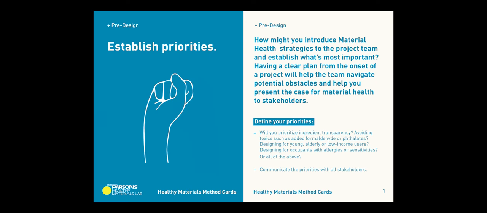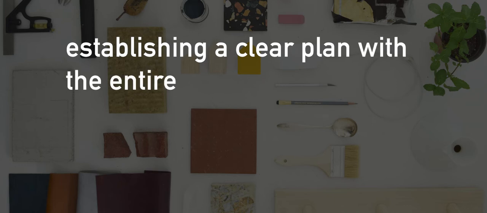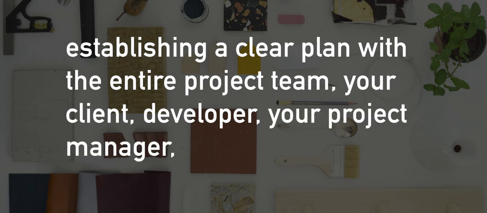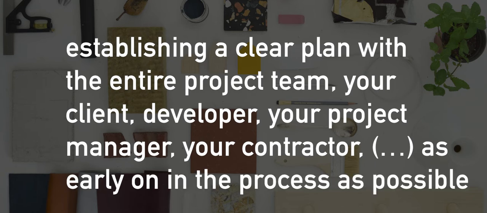The first one I'm going to look at is in the pre-design process, which is really establishing material health priorities for the project. This is the critical part of process. As we summarize on the back here, it's really establishing a clear plan for what you're doing in terms of material health with the entire project team, your client, developer, your project manager, your contractor that's on the team, and the subcontractors as early on in the process as possible.